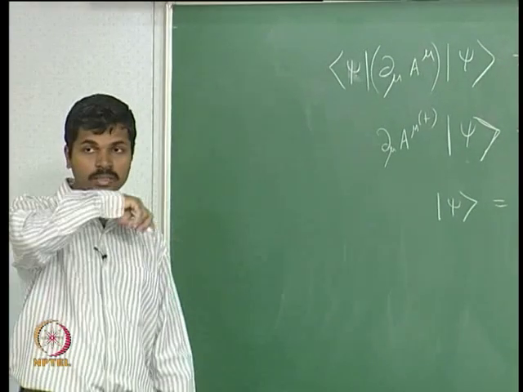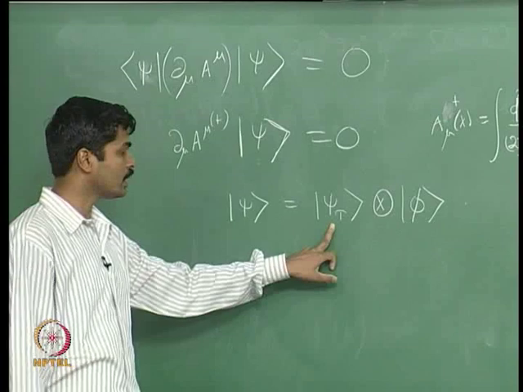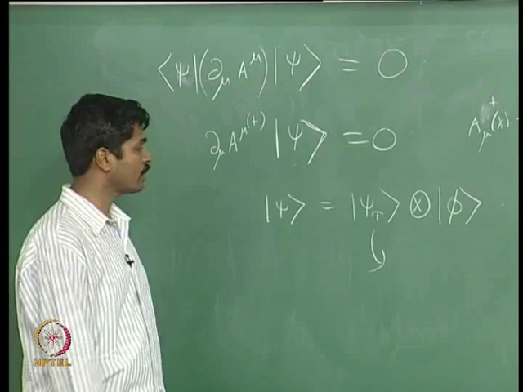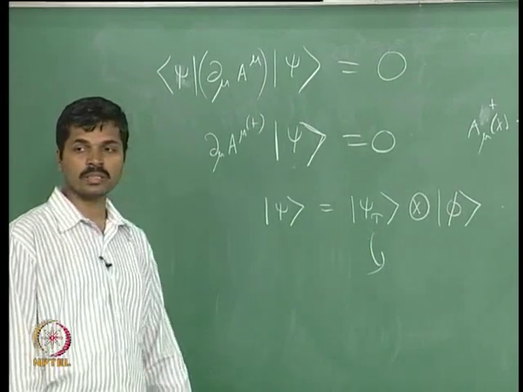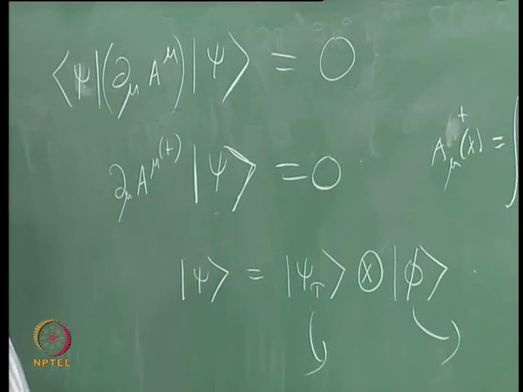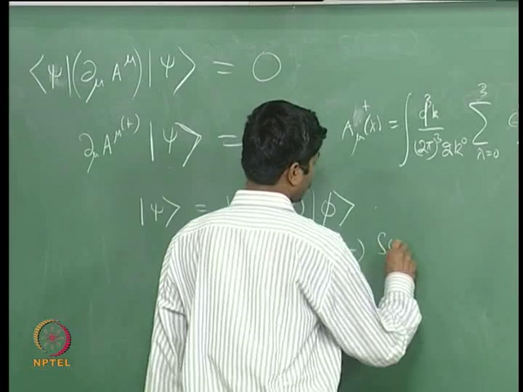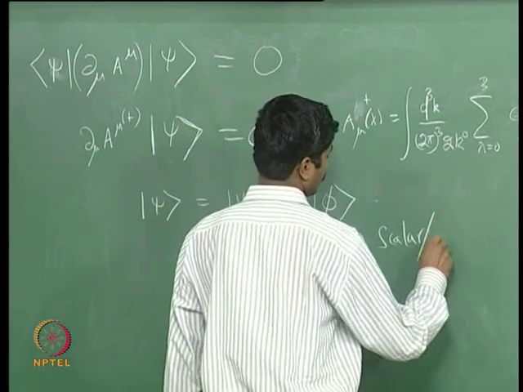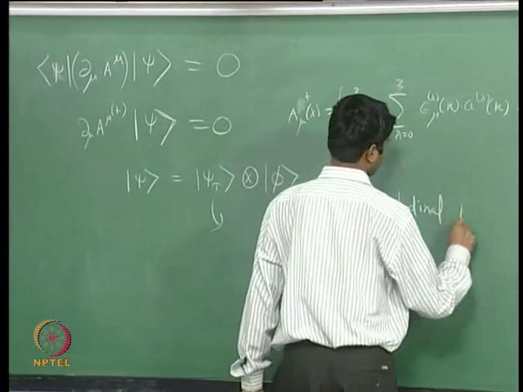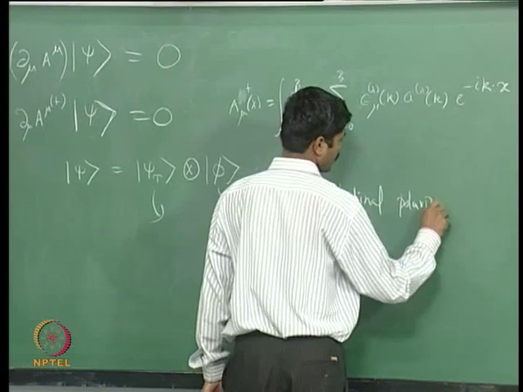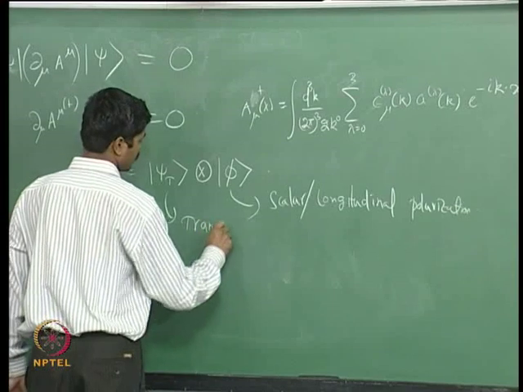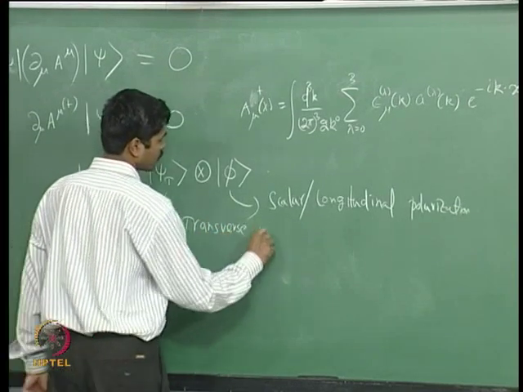Do you understand what this is? ψ_T corresponds to the states which arise due to the transverse polarizations, whereas this φ here corresponds to the longitudinal and scalar polarizations.